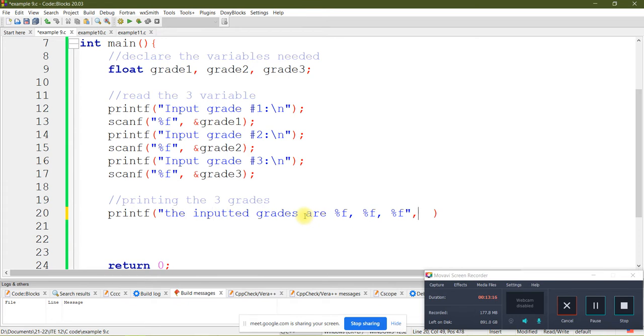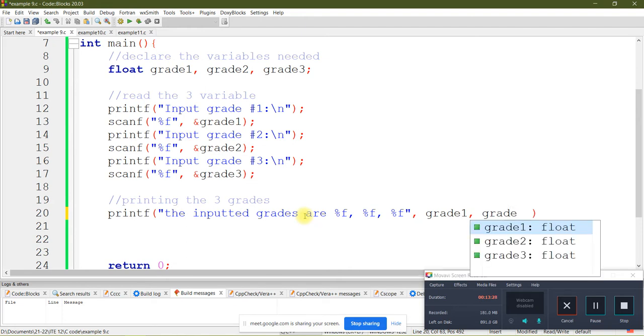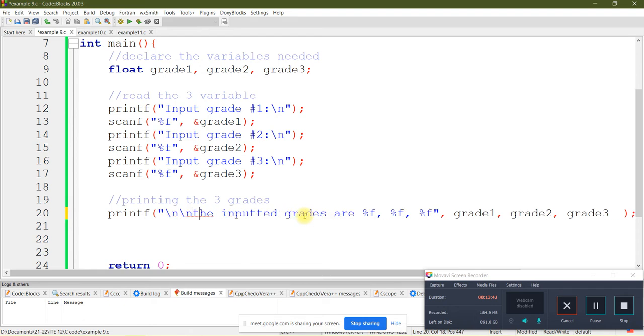We put the variables that represent these placeholders, first grade 1, then grade 2, and then grade 3. Of course, let us not forget to add a new line as well.